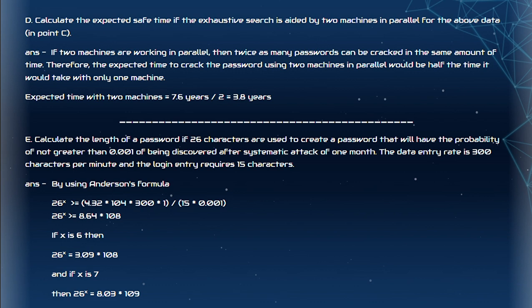So the equation will be 26 raised to the power X is greater than or equal to 8.64 into 10^8. So if X is 6, then 26 raised to the power X equals 3.09 into 10^8. And if X equals 7, then 26 raised to the power X equals 8.03 into 10^9.